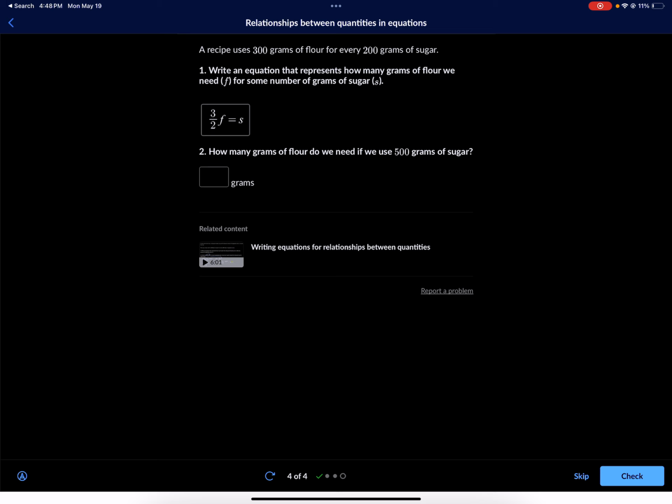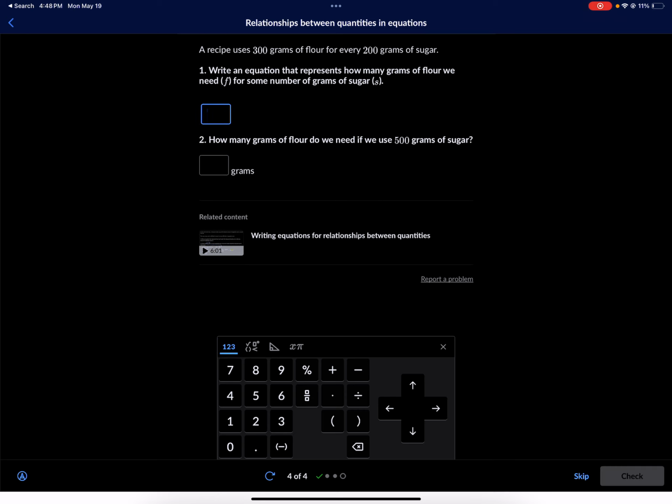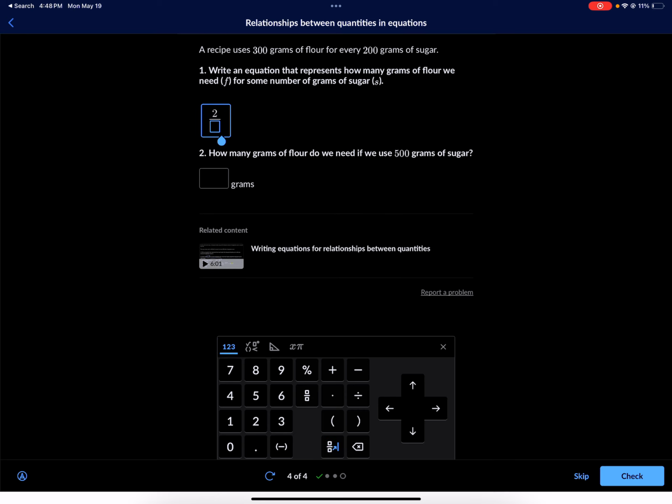So yeah, we need to divide by 3/2. So if we divide by 3/2, we get a very small number. And we just get the reciprocal when dividing fractions. So 2/3. I was being stupid. Okay.